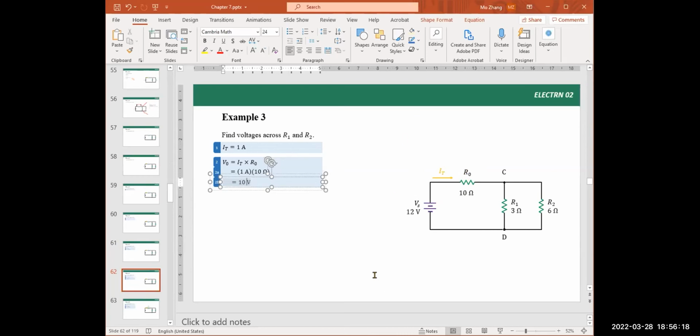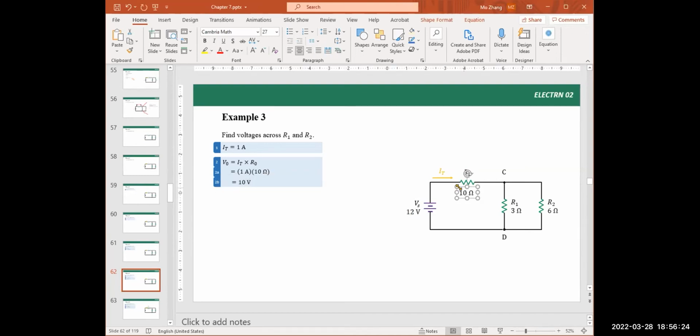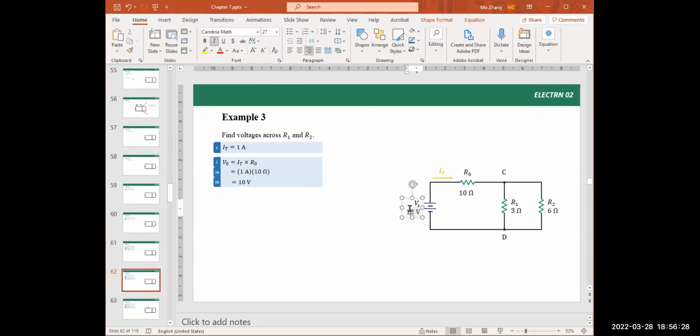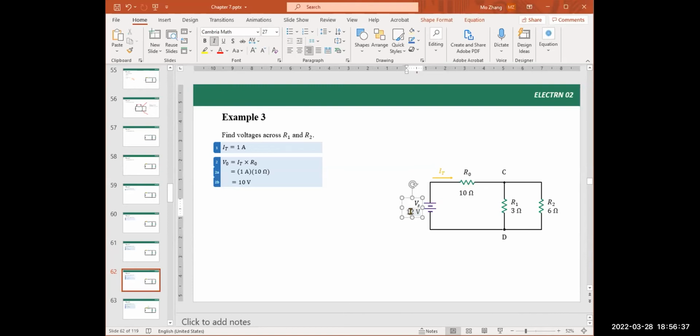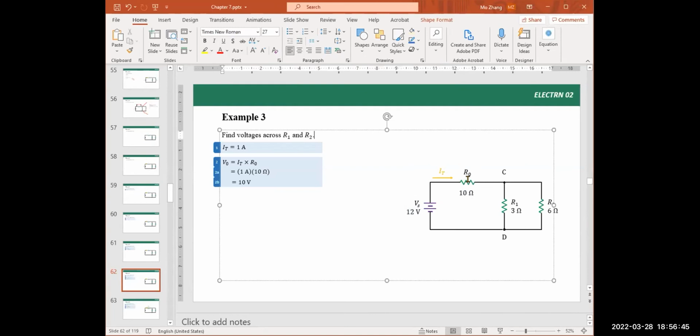So let's do an analysis again. The source provides 12 volt. Because there's a resistor here and the current goes through it, 10 out of that 12 volt drops on resistor R0. Let's say there are 12 slices of pizza, and 10 slices are distributed over here to this person.